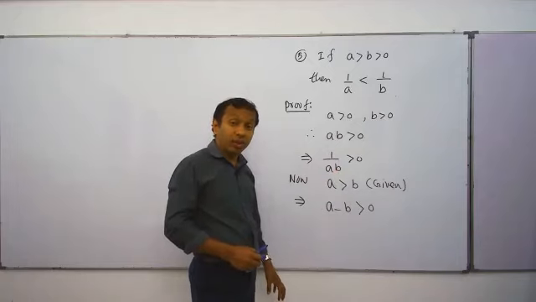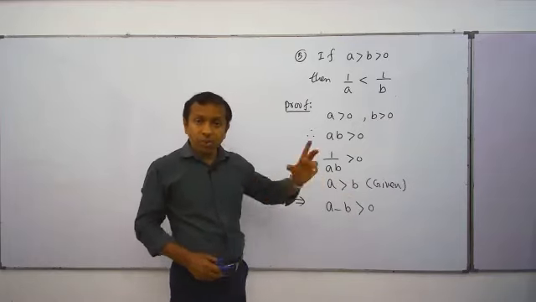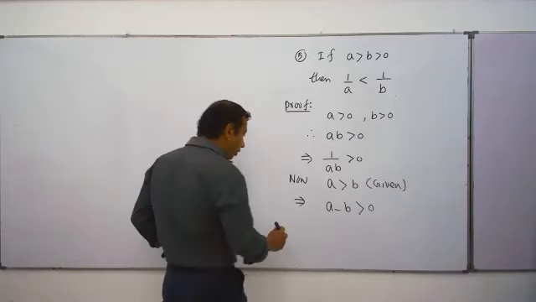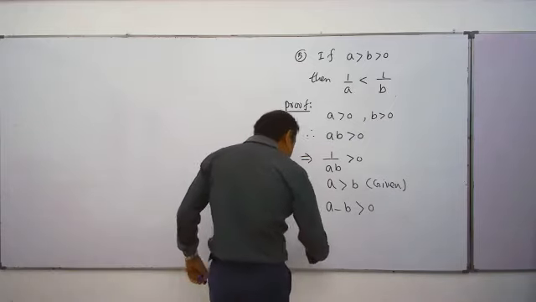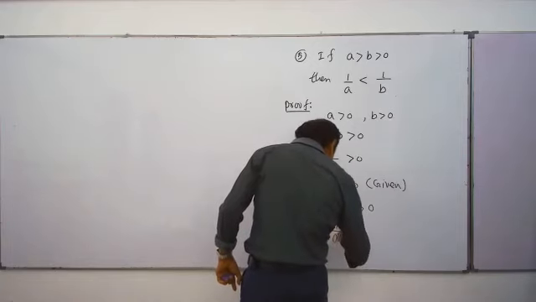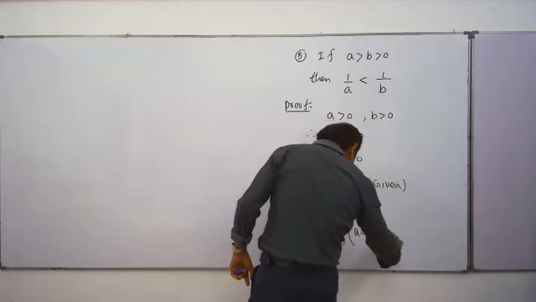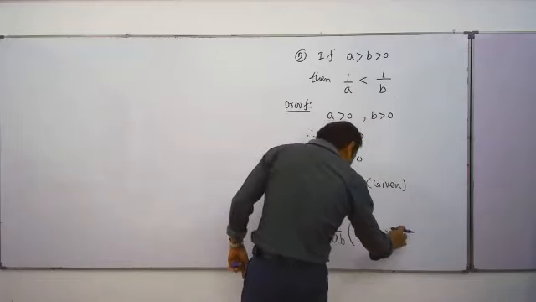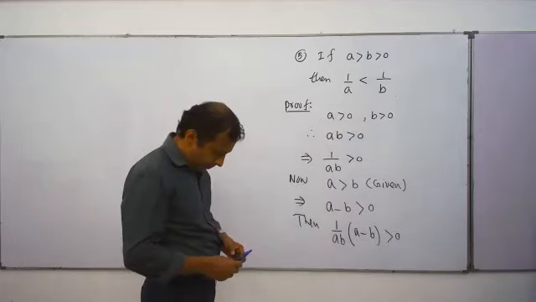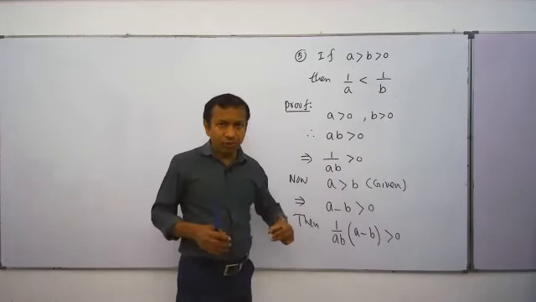Then what can you say when we multiply this 1 upon AB with this A minus B? Since both are positive, the product is positive. Then you can write 1 upon AB multiplied by A minus B is positive. A minus B is positive, 1 upon AB is positive. The product of two positive values is positive.